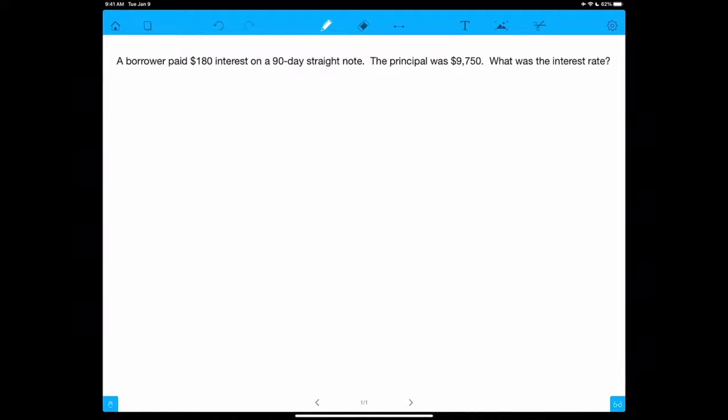Okay, so 90-day straight note. There's 3 months. This is why I took this times 4, because that gives us 12 months in a year. Now, if the borrower paid $180 interest on a 90-day straight note, then the principal, the loan amount, was $9,750.